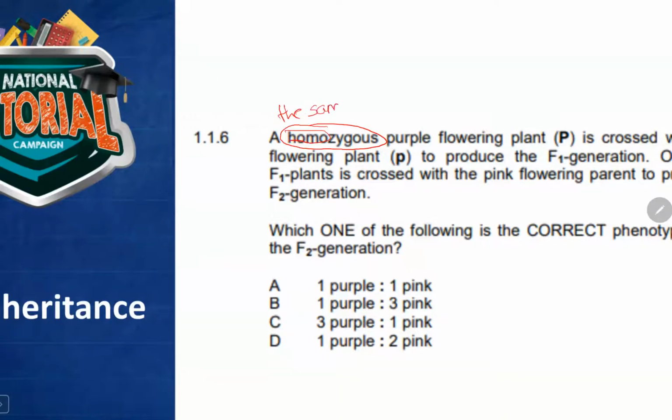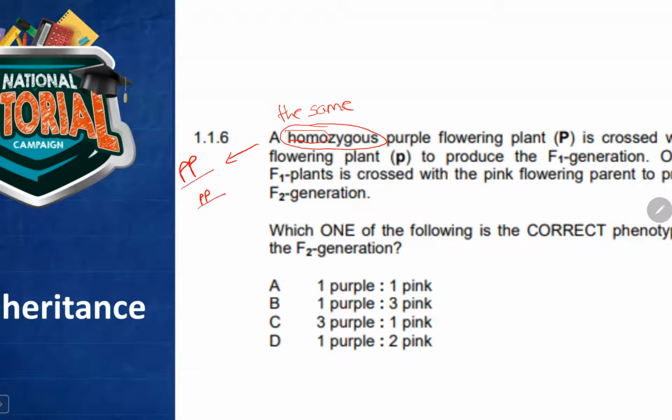And here we are talking about 2 of the same or identical alleles. So if we see anything that's homozygous, it could mean capital P, or small letter p, as long as they are identical.